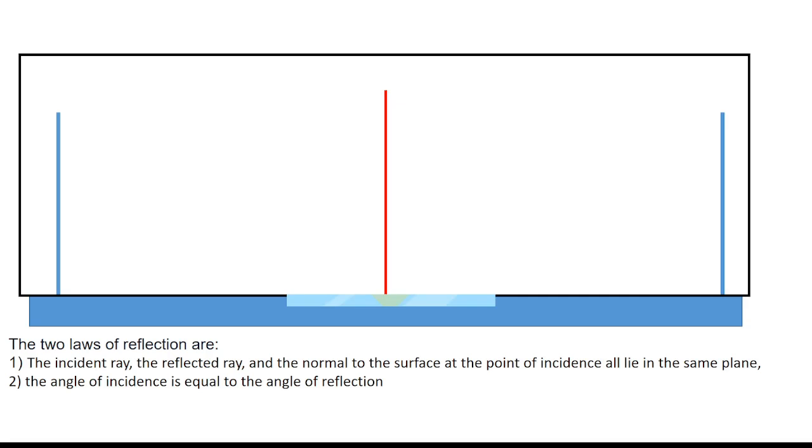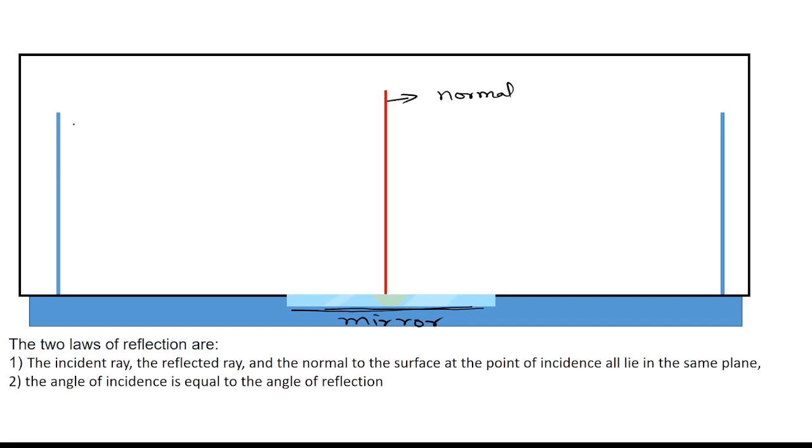Now let us assume that the middle part, the sky blue color, is nothing but the mirror. So we have placed the mirror over here and we have drawn a line exactly perpendicular to this mirror. This line is nothing but the normal.